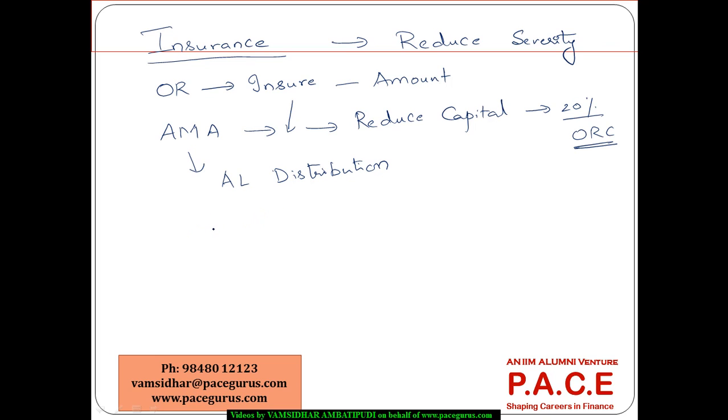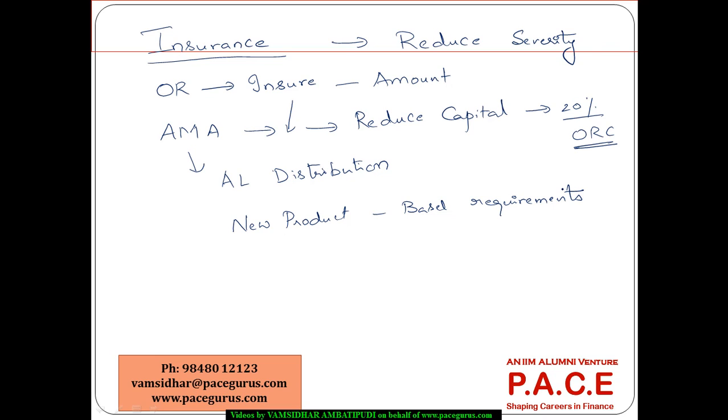Now, how well this can be taken forward: insurance companies are really doing research in terms of coming out with new products which are in line with the Basel requirements, so that they can typically insure the various operational risk events and improve their business, and at the same time the bank is able to mitigate its operational risk by adopting the risk transfer mechanism of insurance.